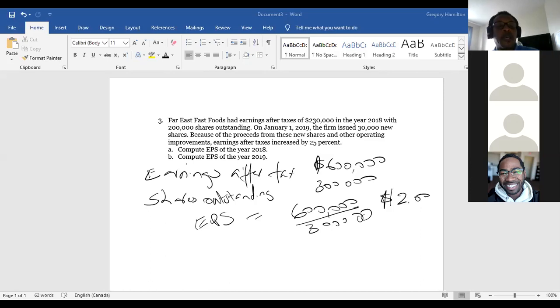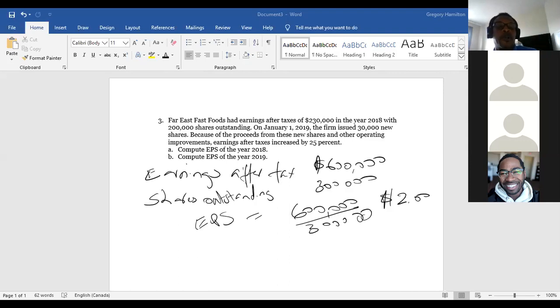Okay. So in the second case, the question says that on January 1 of the current year, the firm issued 40,000 new shares. So therefore, shares outstanding would be 340,000, that's 300,000 plus 40,000. It also says that earnings after tax increased by 25%.